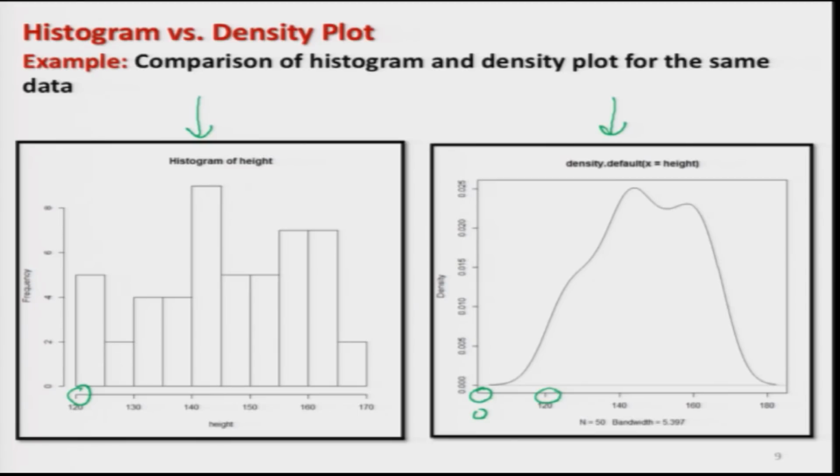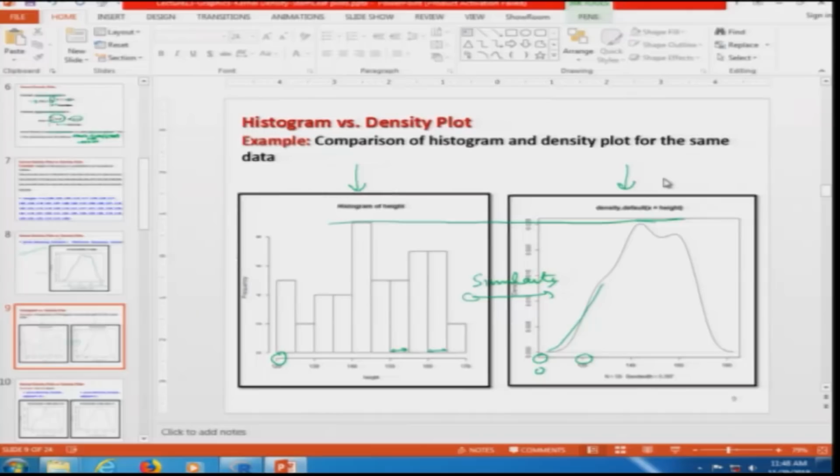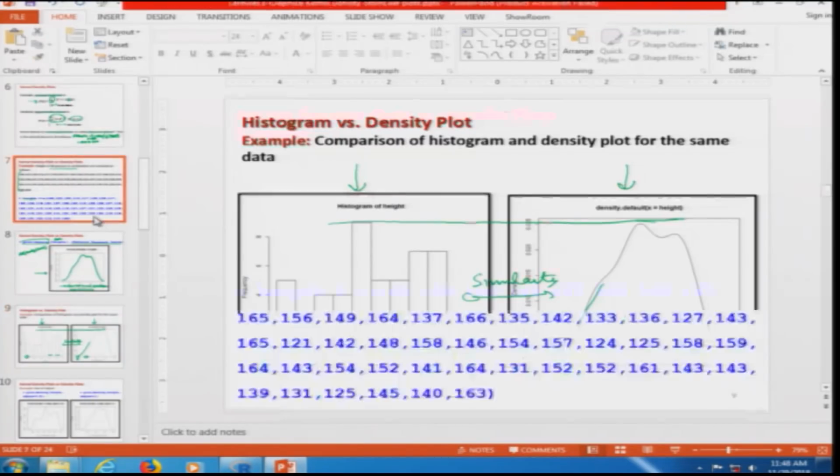What is really happening is that the width of these bars is made smaller and smaller, controlled by the choice of the kernel, and then all these frequencies are joined together to give this type of curve. You can see the similarity between the two graphs. For example, the maximum frequency is at the same place, but this is giving us more information.